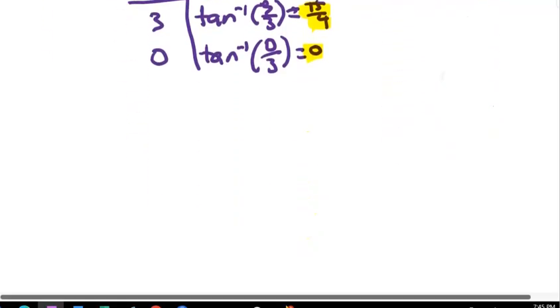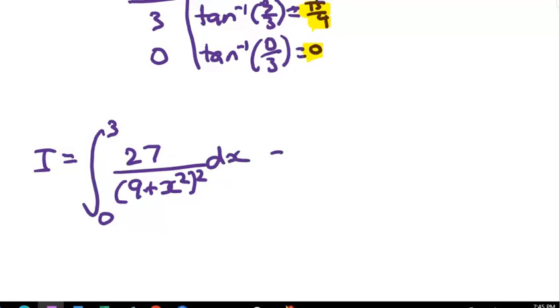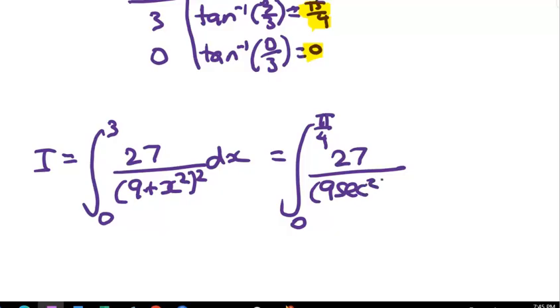So now we're good to go with replacing everything. So my integral is, I'll write out the first one just so you can see it again. Right, first we replace the limits. We're going to have pi on 4 to 0, and we're going to have 27 over 9 sec squared theta squared, but my dx is going to be 3 sec squared theta d theta.